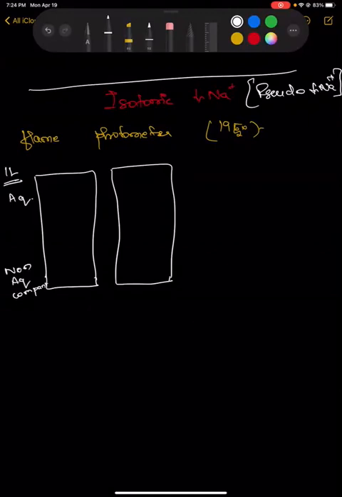Those are the substances which do not take part in the osmolality, and we do not use them in the calculation of plasma osmolality. So suppose out of this 1 liter, usually, for example, I have 70 ml of non-aqueous compartment and 930 ml of aqueous compartment. My sodium constitutes here, because this is what is being calculated in our plasma osmolality, right? So sodium is going to be here.